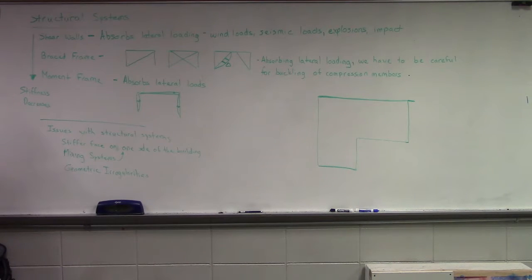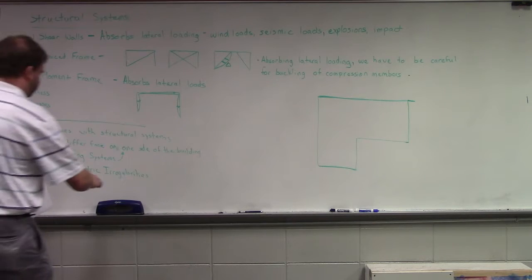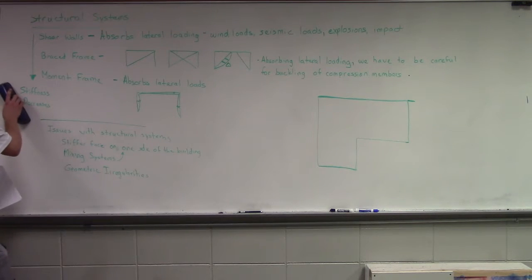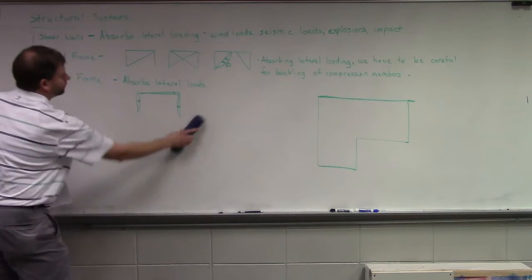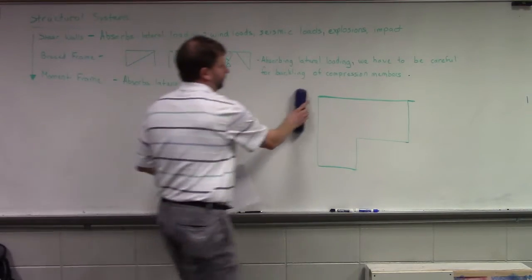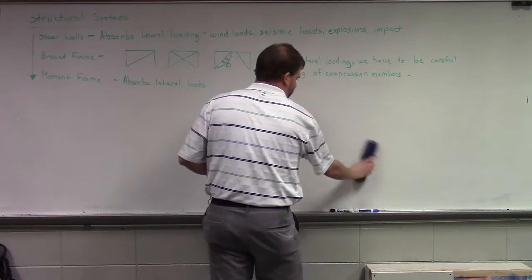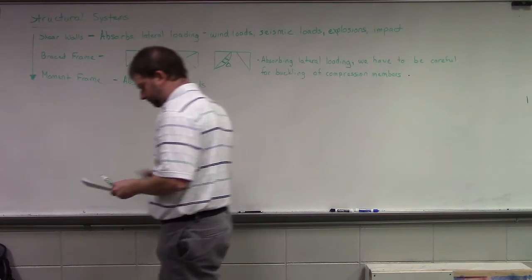I don't think that there's anything too crazy going on here, but that's kind of their introduction to the structural systems. We go into a little bit more detail with the shear wall versus a brace frame versus a moment frame, and then we get into talking about how we use them specifically with each of the material types.